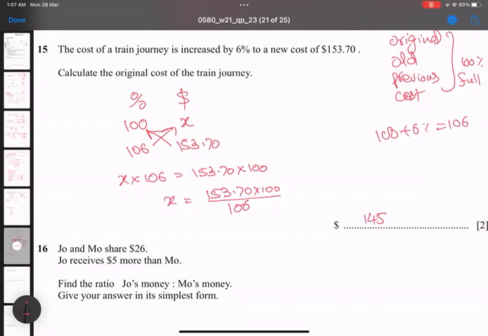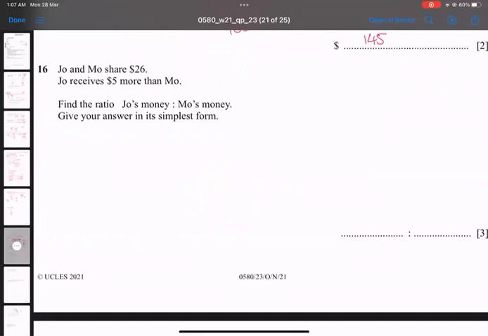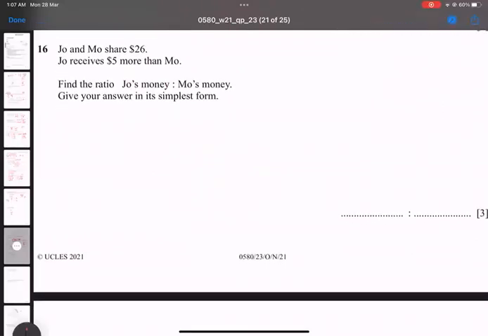And let's talk about the next one, question number 16. Question number 16 says, if you read the question, Joe and Mo share $26. Joe receives $5 more than Mo. So now we have to find the ratio. What is the technique to do it?